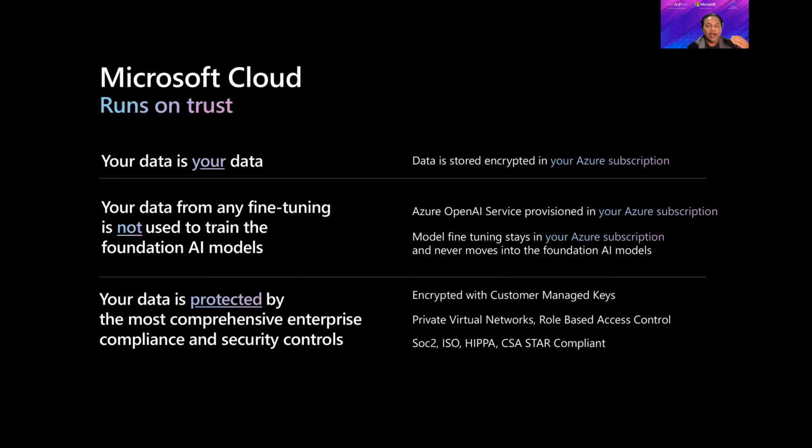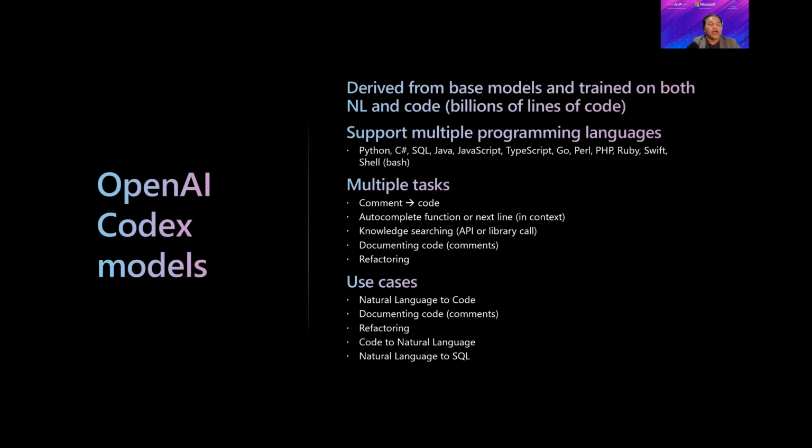So you have a set of protection mechanisms, both in terms of network firewall that prevents access to your data from outside, and encryption and data masking. All these features allow you to use your data to customize the model and still be confident that you're not going to have a data leak, right?